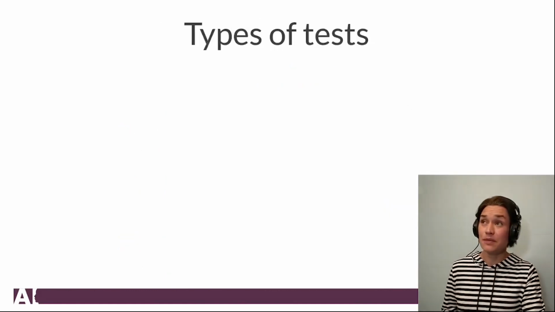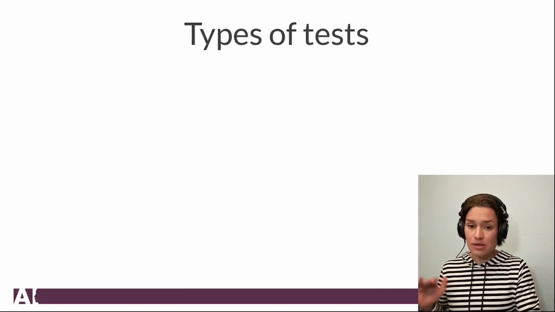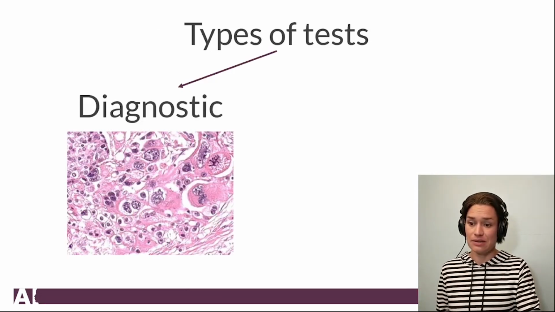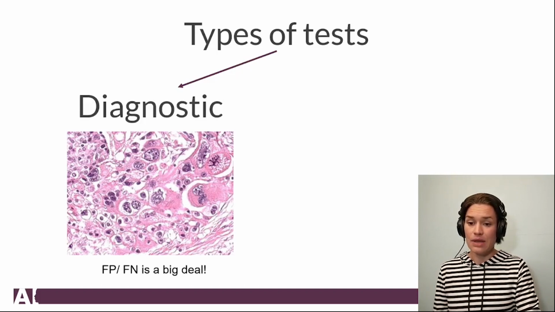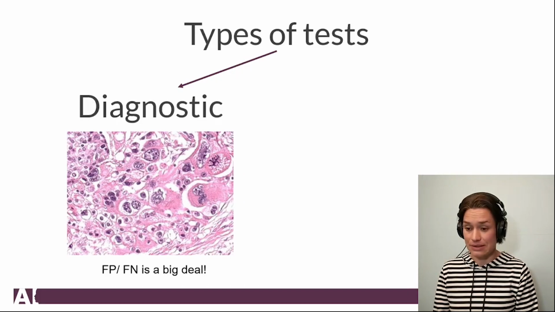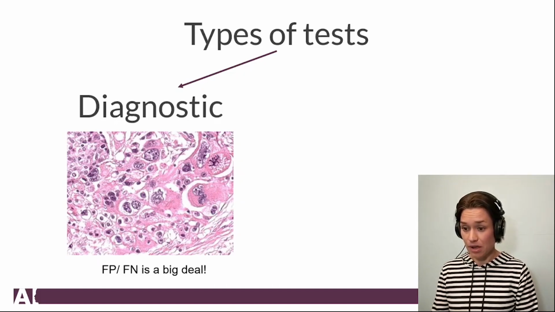And basically, in medicine, if we want to approach it a little bit systematically, we have two types of tests. We have diagnostic tests, and any diagnosis on glass is a diagnostic test. Here, both false positives and false negatives are a big deal, because a false positive is someone with no cancer that gets treatment.